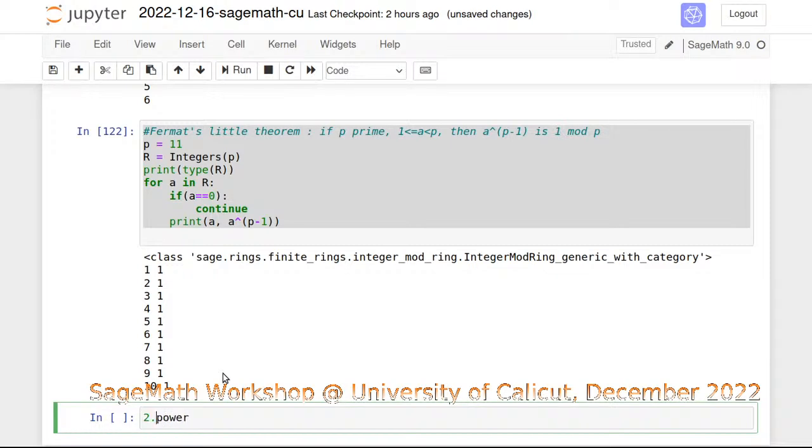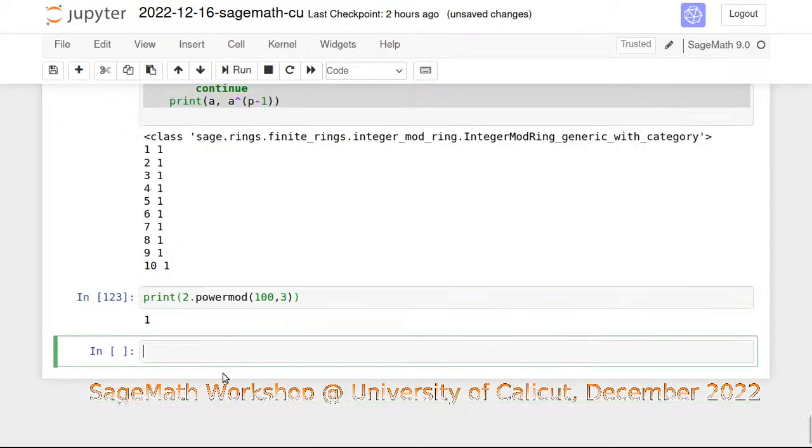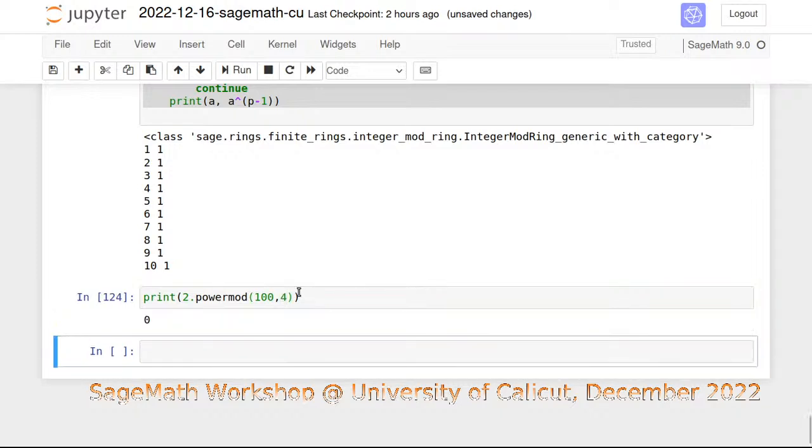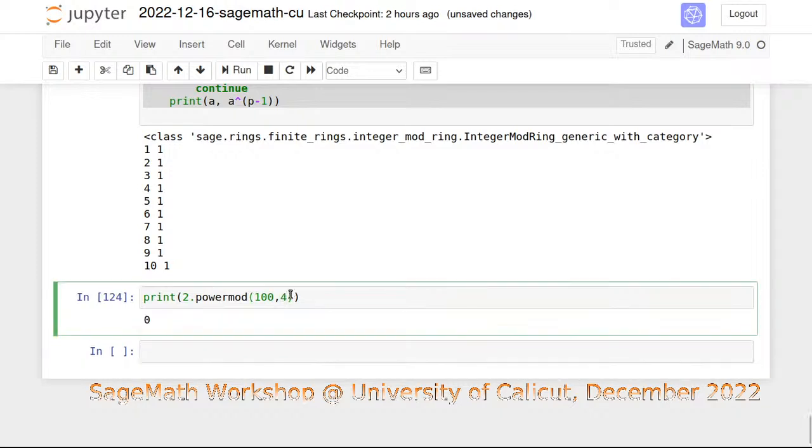Suppose that we want to take 2 to the power 100 modulo 3. That's just 1. 2 to the power 100 modulo 4: 0. 2 to the power 100 modulo 7: 2, and so on. So this command is also going to be somewhat useful.